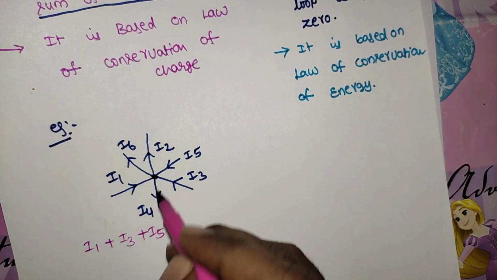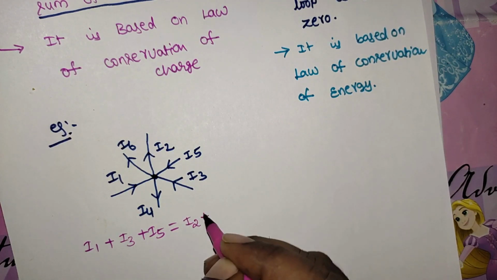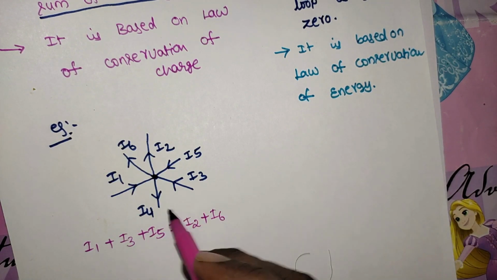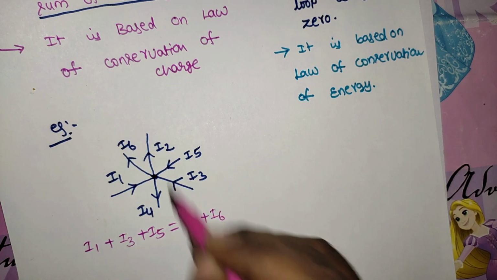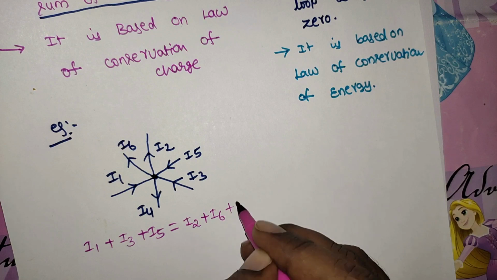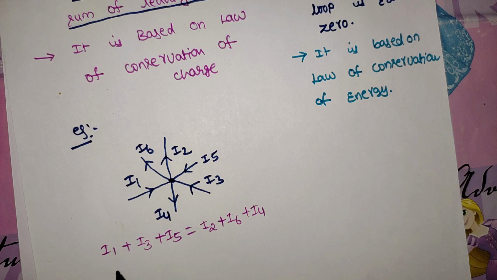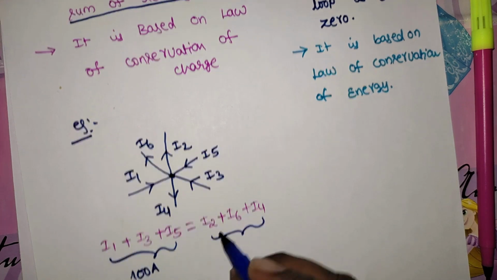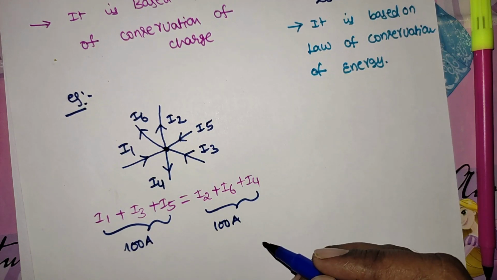That is equal to the leaving currents: I2, I4 and I6, so I2 plus I4 plus I6. Suppose the entering currents total 100 ampere, then surely the leaving currents will also total 100 ampere. It will be the same current.